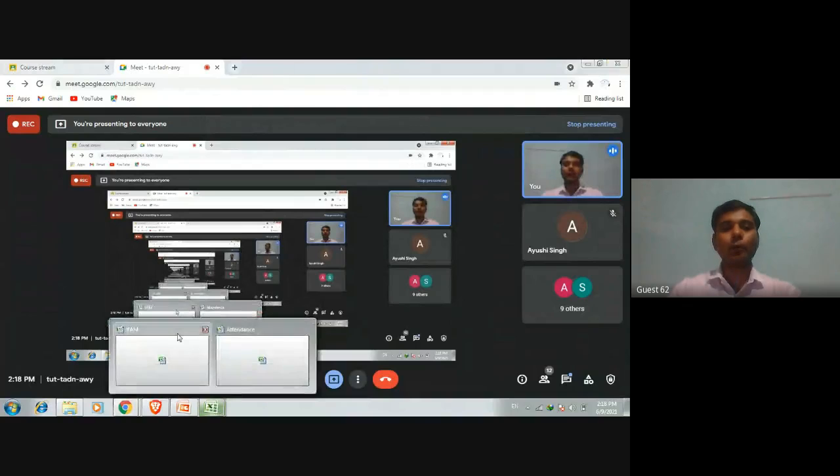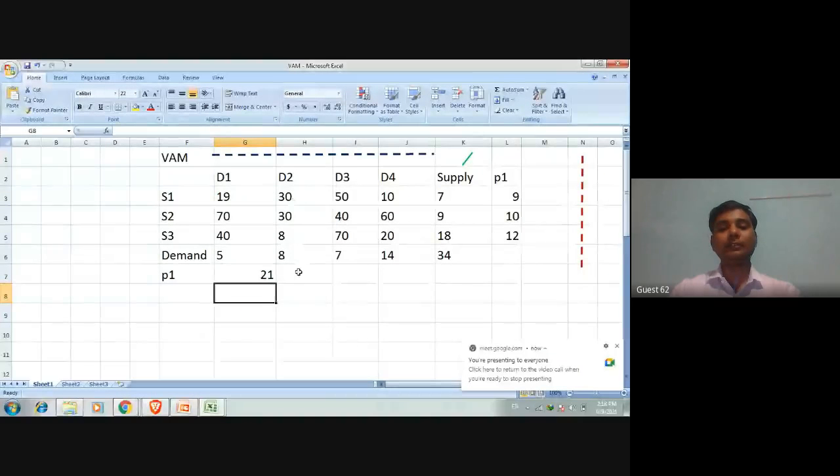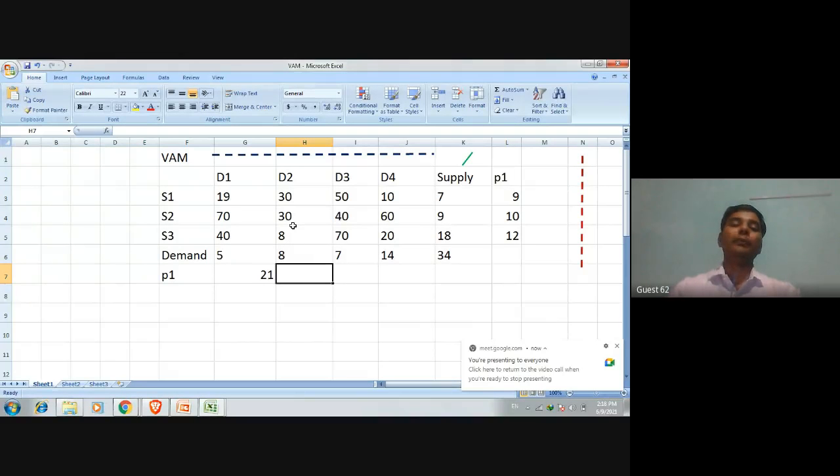For the second column, the two least costs are 30 and 8. Here there are two 30s, so you can take any one. So 30 minus 8.